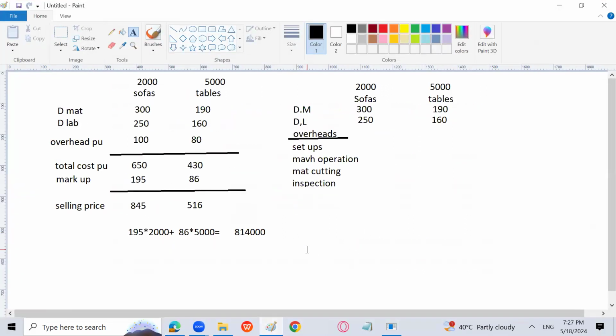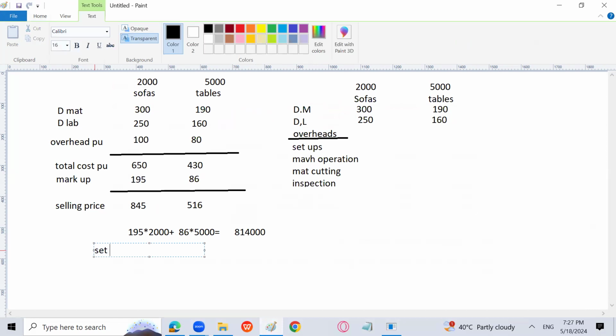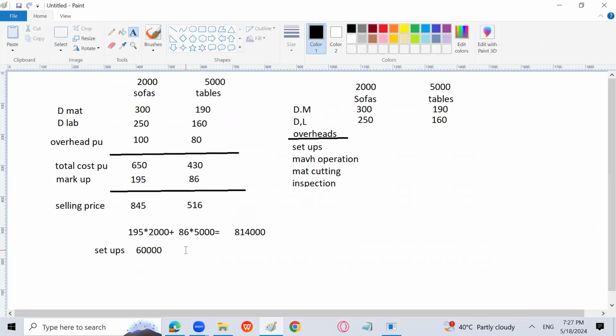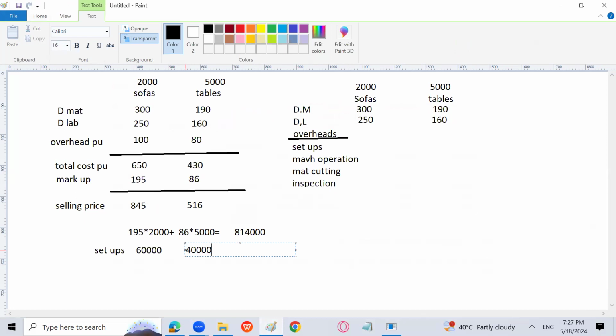So if I write over here, just for the purpose of understanding, the setups is going to be 60,000 out of 1 lakh for sofas, and 40,000 is going for tables. But the problem is that this is the total amount. I want per unit.